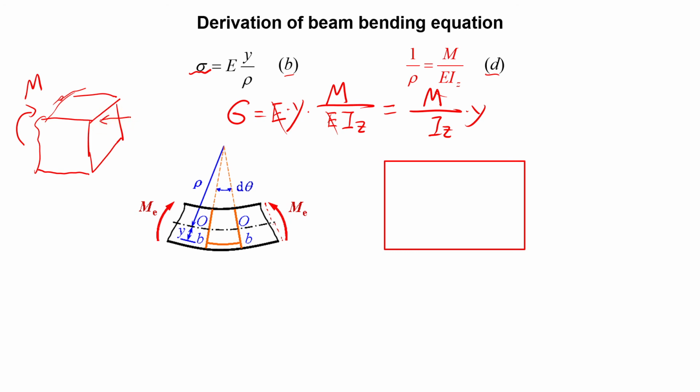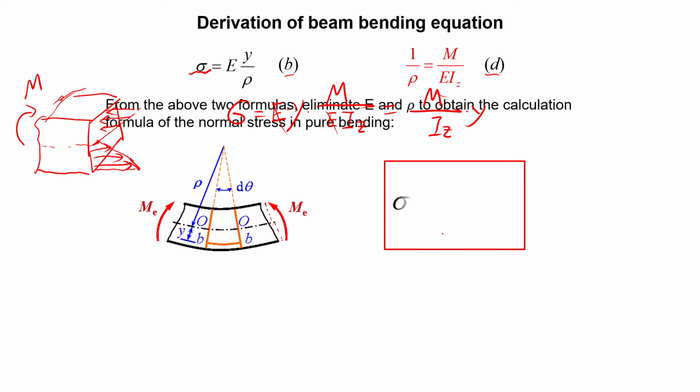It might follow this kind of distribution. So stress will be the largest at the edge. At the center, at the neutral axis, it will become 0, and then it starts to increase again. Right.